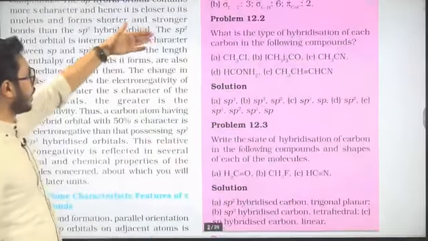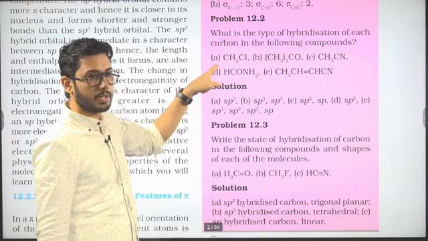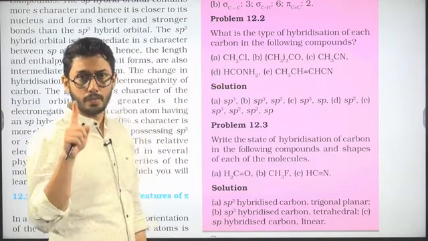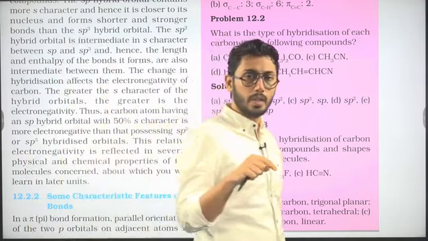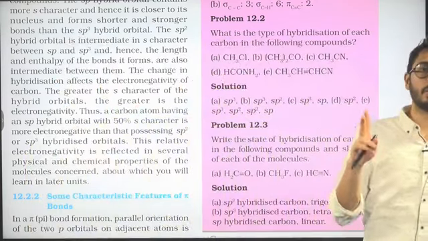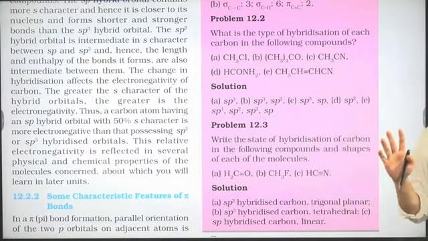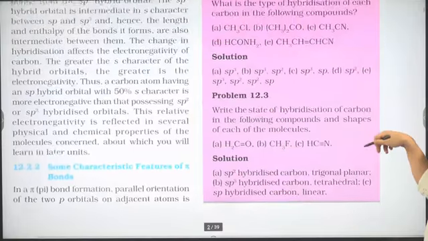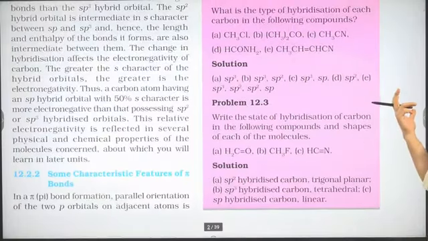Then you can try remaining questions like this: carbon hybridization. If carbon has all single bonds, sp3. If carbon has 1 pi bond, sp2. If carbon has 2 pi bonds, it will be sp hybridized. Okay?